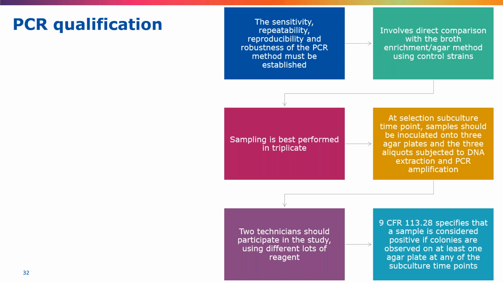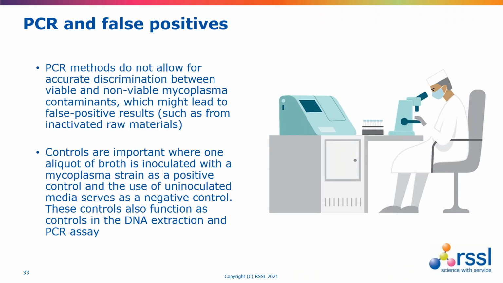And that test samples are challenged and run in triplicate and drawn at different time points, ideally in triplicate, and using at least 2 personnel, and then also the culture method run in parallel as part of the PCR qualification. It's also important to understand that the method must not give false results in any shape or form, so we need to have accurate discrimination and avoid anything that might lead to false positive results.